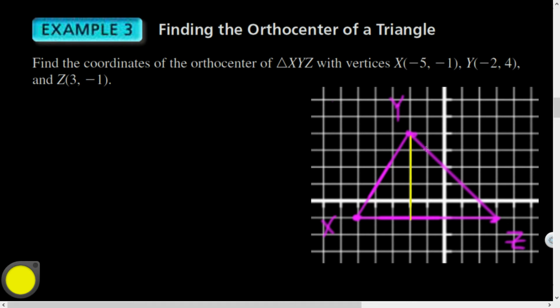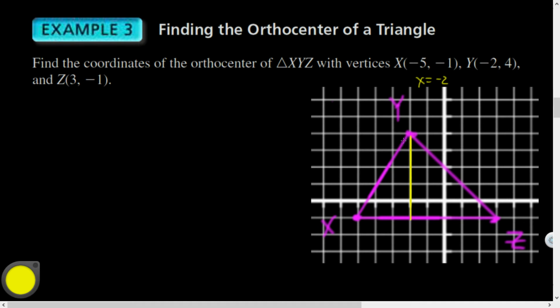What is the equation of that altitude? X equals -2. So x equals -2 is the equation of this yellow line. I only drew the interior part of it, but that would represent the entire line.